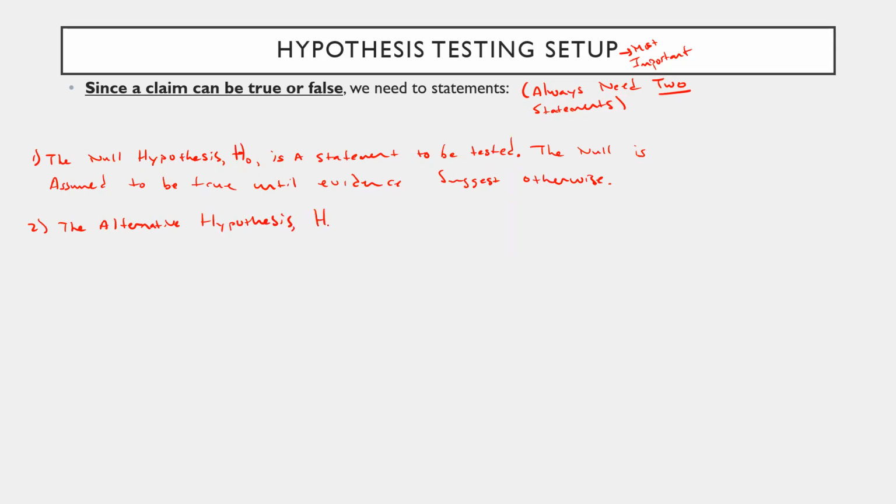Which is going to be denoted as H sub 1, with an H with a subscripted 1. This is also a statement to be tested. And what's going on with the alternative hypothesis is you are looking for evidence to support the alternative.